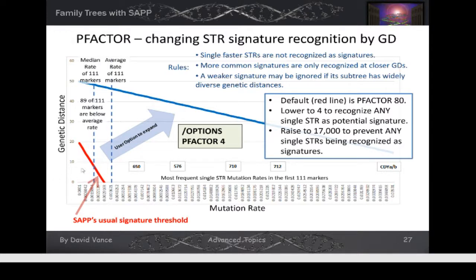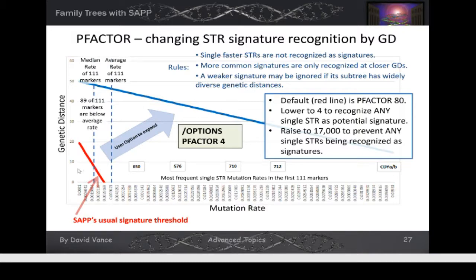As the genetic distance goes up, it needs to recognize a bigger and bigger signature, or a rarer signature, perhaps is the better way to say it, to be a signature, because the genetic distance is so large that these are probably not related within a closer time period. Now, in fact, this actually changes as SAPP's analysis goes up the tree and gets into the older branches, but we won't go into that right now.